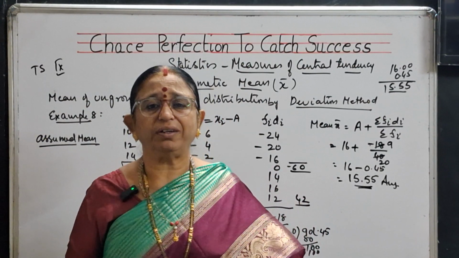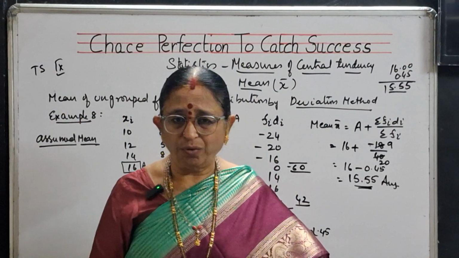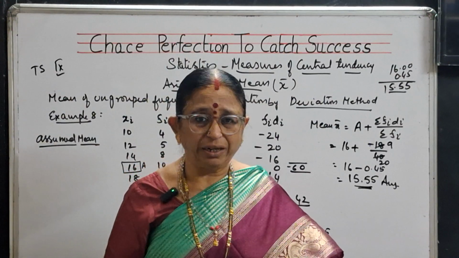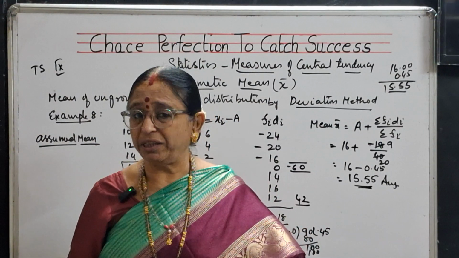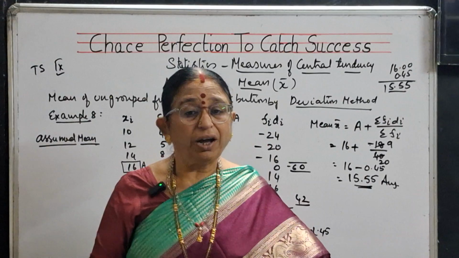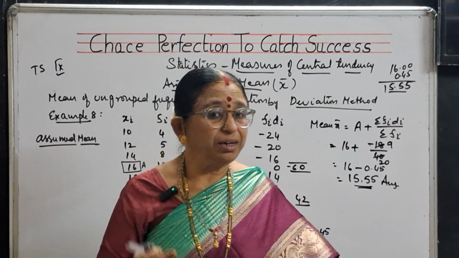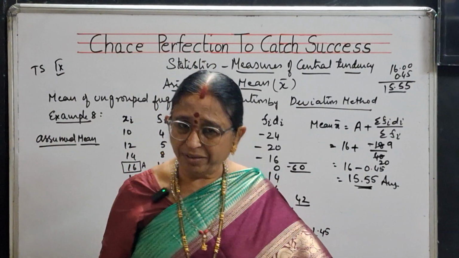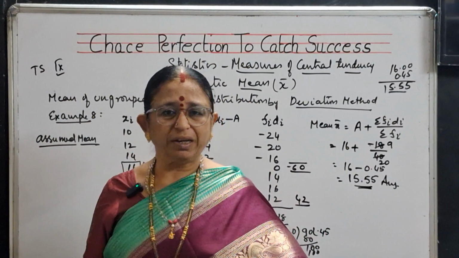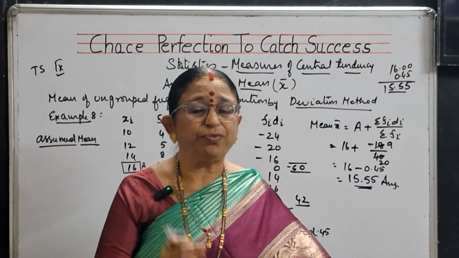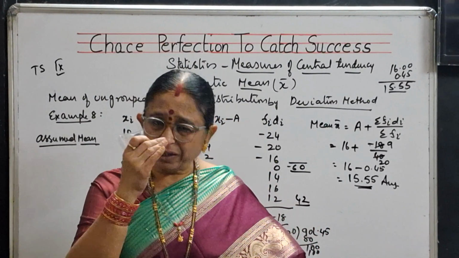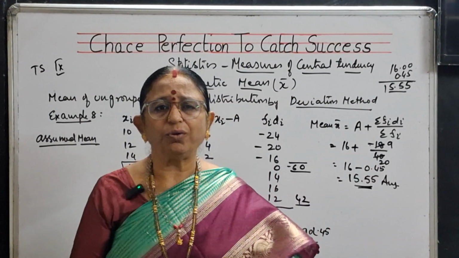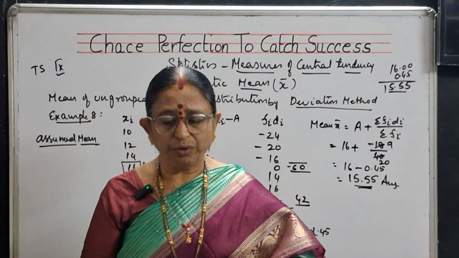So my way of teaching is: we have done mean for raw data, mean for ungrouped data by the direct method, and also mean of ungrouped data by the deviation method. Using these methods, there are some problems in your next exercise. I want to teach you those problems first. After completing that, we will go to median and then mode. Remaining I will do in the next class.